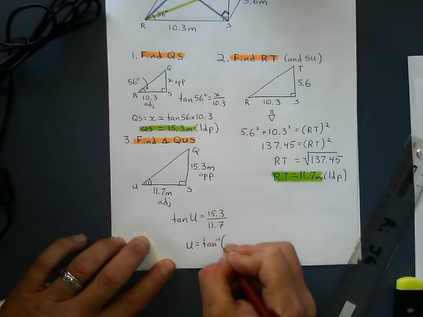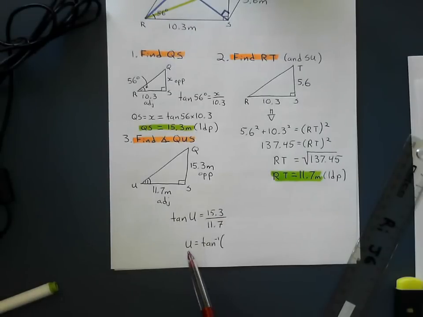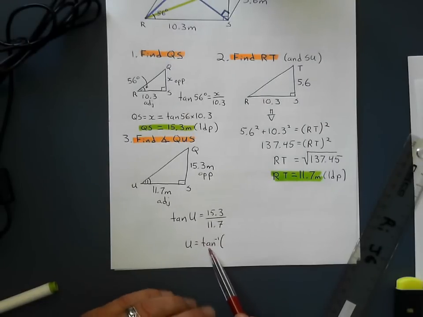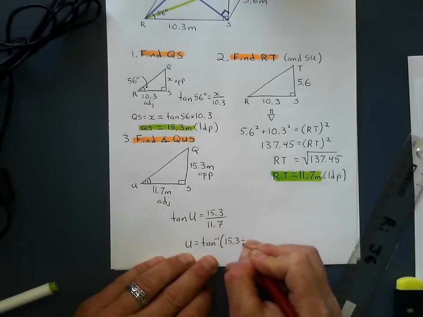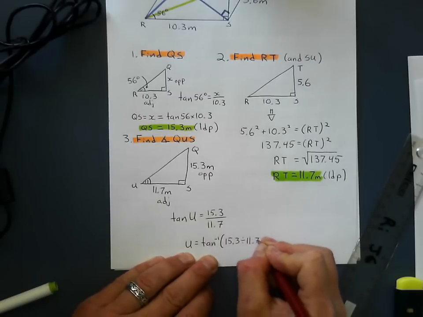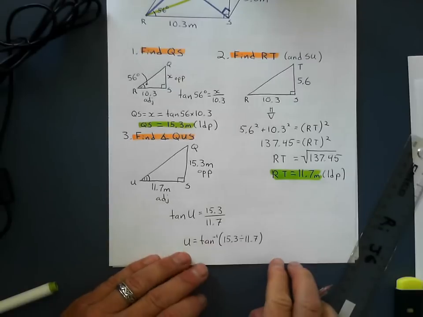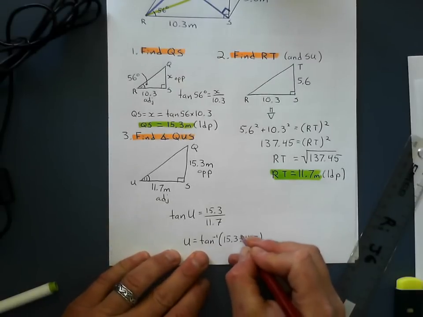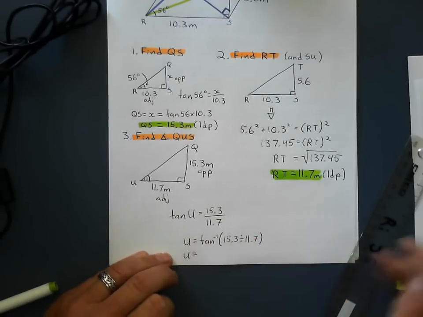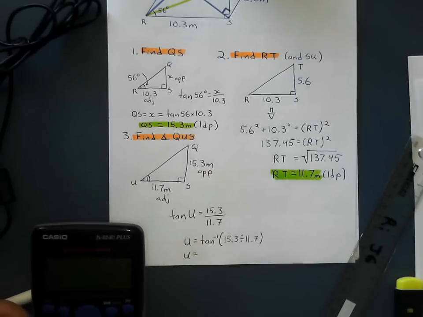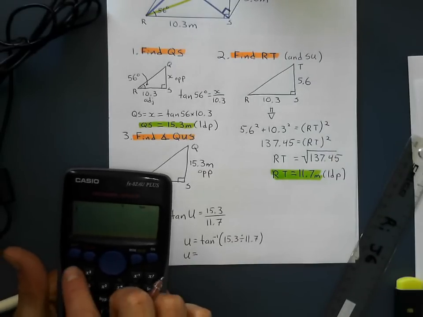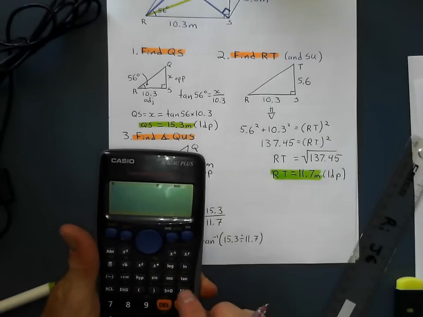Remember, whenever we're figuring out angles with trigonometry, we use inverse tangent, not tangent minus 1, inverse tangent. That's what we want when we do angles.